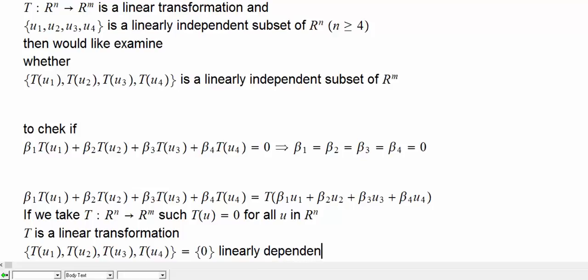So in this case, the answer is: not necessarily. This statement is not true in general, and we showed that by using a counter example.